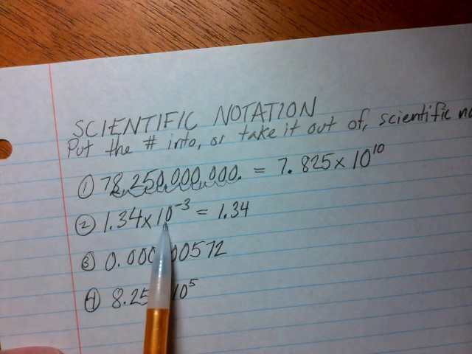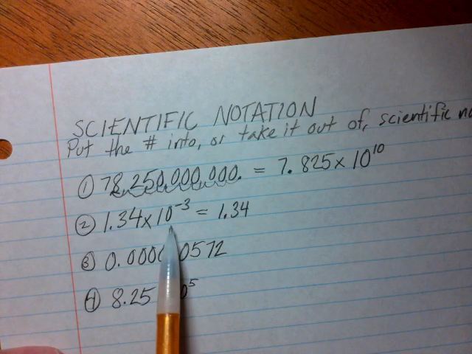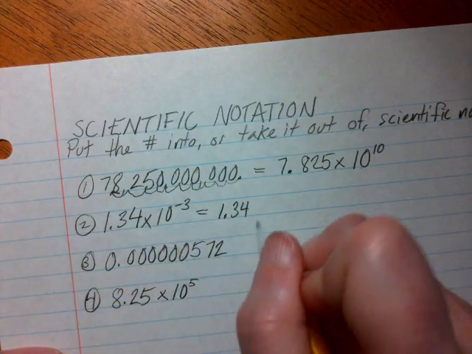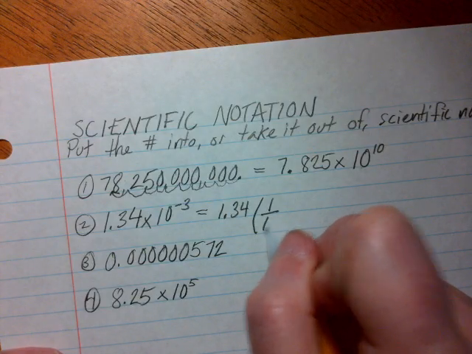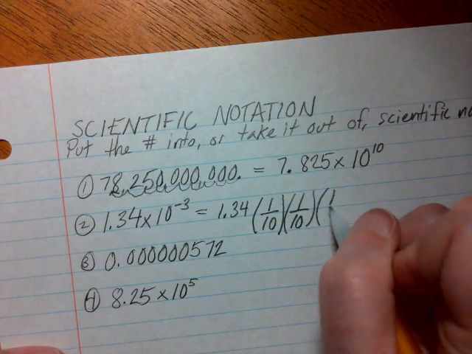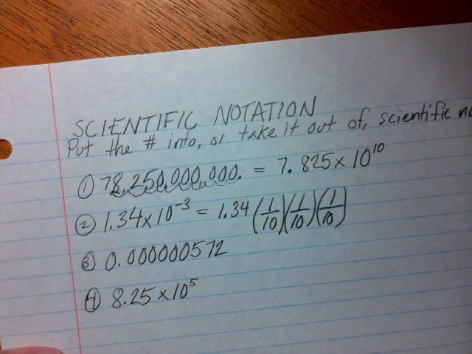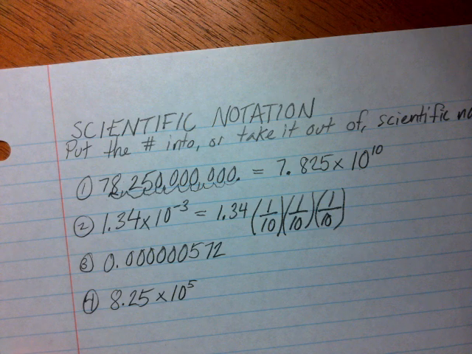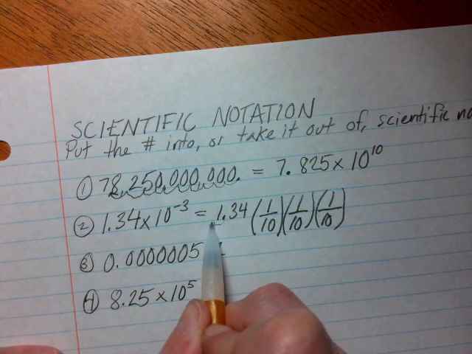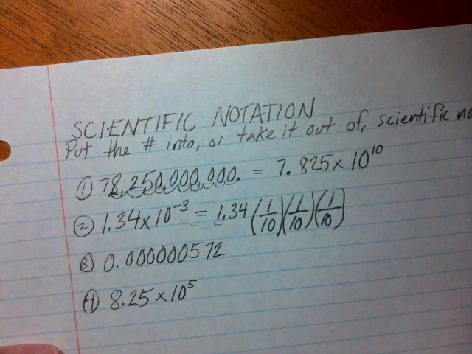How do you unmultiply by 10? You divide by 10, or you multiply by 1/10. So 10 to the negative 3 means 1/10. Multiply by that 3 times, like this. So that is going to make the number 1.34 smaller. And every time you multiply by 1/10, you're moving the decimal place in the direction that makes the number smaller.